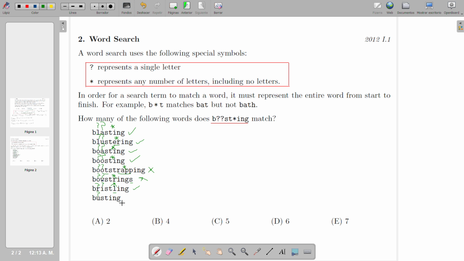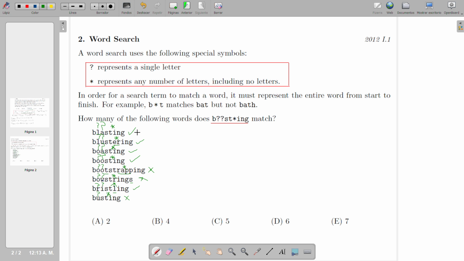So we have BU, and U could be represented by a question mark, STING. So here we have nothing between T and ing. This could be a bit tricky, but this word doesn't meet the criteria because we have two letters between B and S, and for busting there is just one letter, which is U.